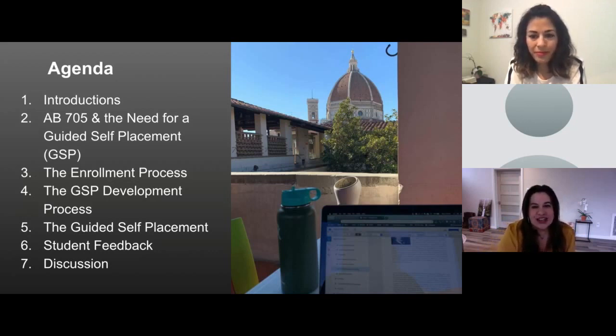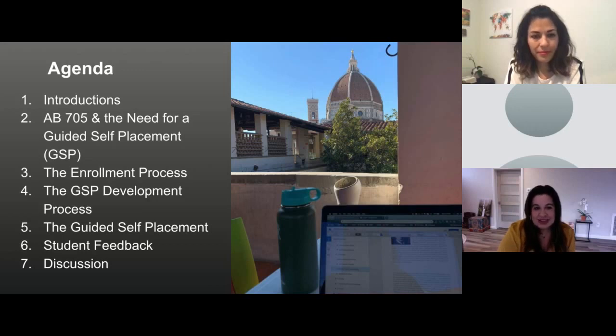You'll see in the agenda that we'll do some introductions, go over the context of why we chose to develop a guided self-placement, GSP, the enrollment process, and the GSP development process.